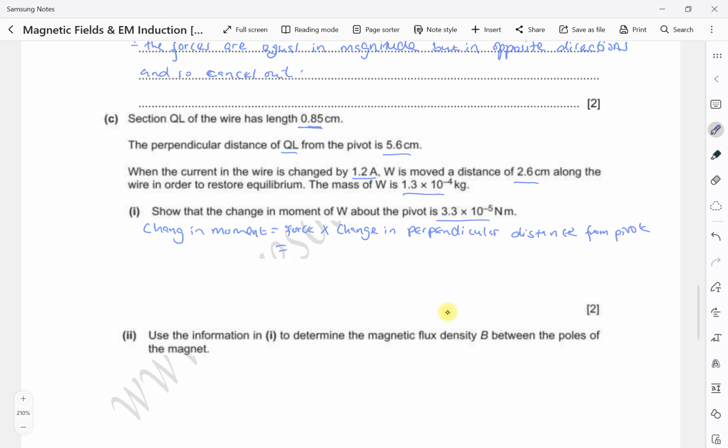The force is actually the weight, which is M times G, times the change in perpendicular distance, which I'm going to call change in L.